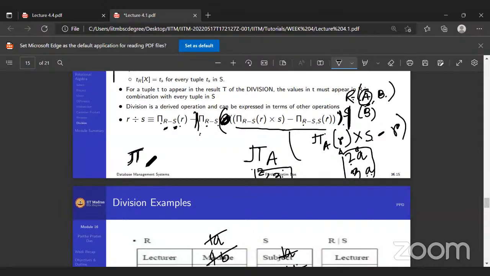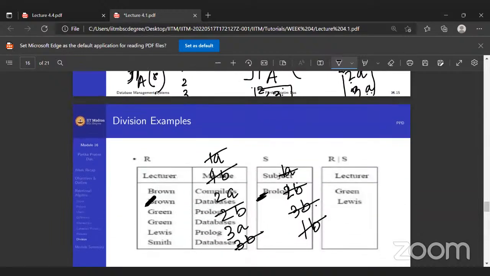A is the student ID, B is the course ID, right? So if we take R, we get 1, 2, 3, because our table is 1A, 2B, 3B and 1B.